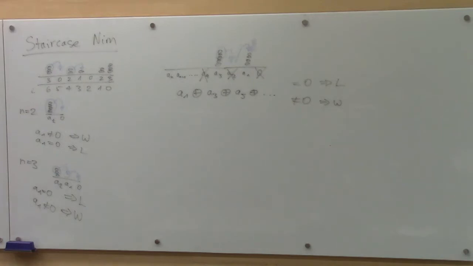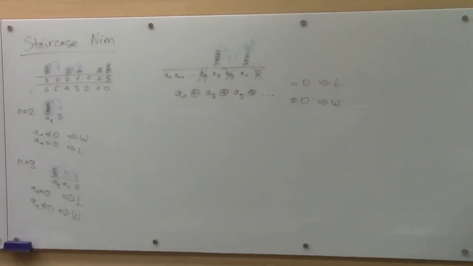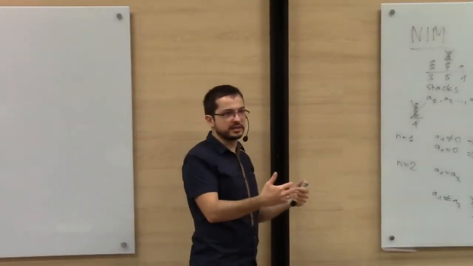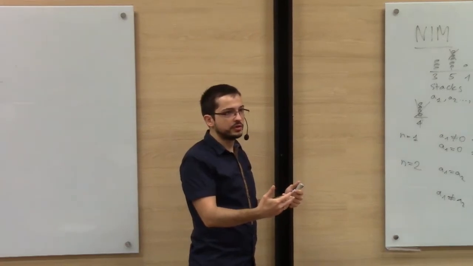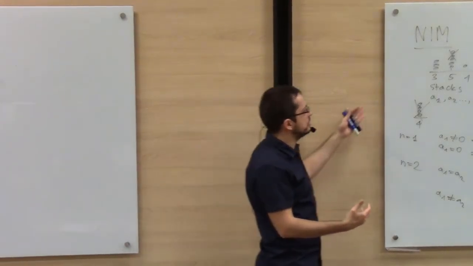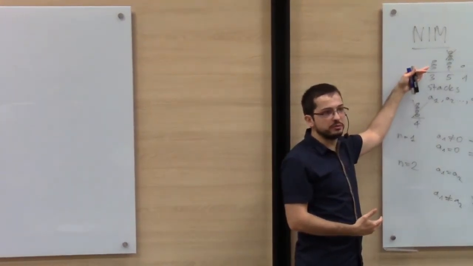But observe that we can add these moves to Nim, and it doesn't really change the strategy of the players, because suppose the first player has a winning strategy with the original moves of Nim.